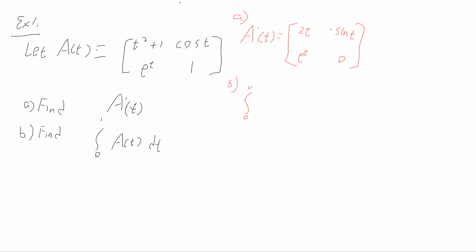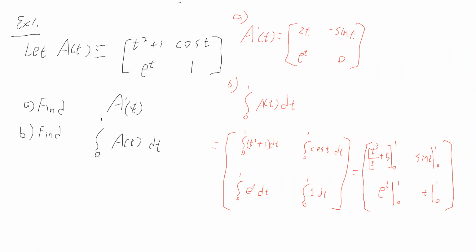So the integral from 0 to 1 of A of t dt means we want to take the integral of all the entries: the integral of t squared plus 1 dt, and then the second one, the integral from 0 to 1 of cosine t dt, and then the integral from 0 to 1 of e to the t dt, and then the integral from 0 to 1 of 1 dt. Just like that, take the integral of all the entries one by one.